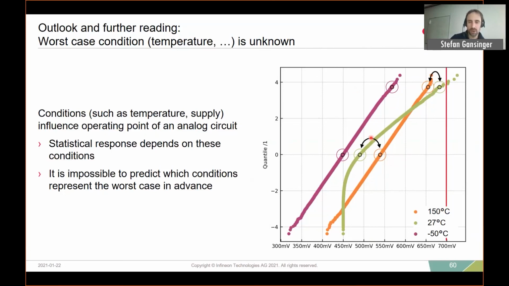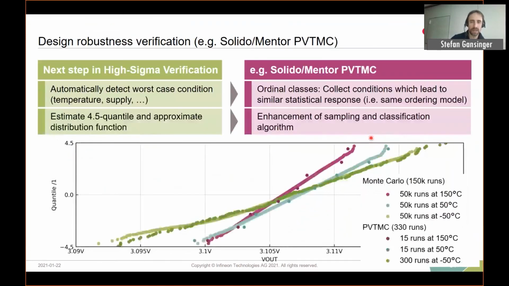And I said there is a commercial tool for this. I want to show this briefly. This is again from Solido Mentor. This is called PVT-MC. I call this the next step in high sigma verification because actually it does what we need. It automatically detects the worst case condition.